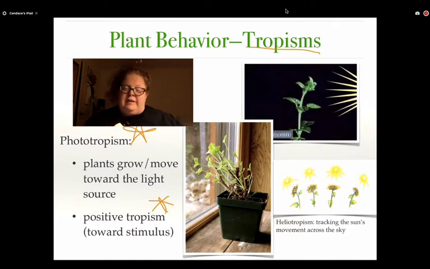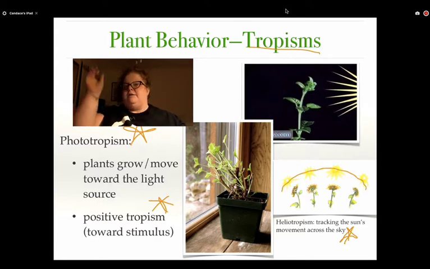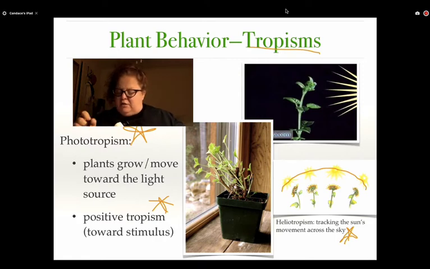Another thing that's kind of similar to phototropism is heliotropism, which is what we see in some flowering plants, especially sunflowers, where the face of the flower seems to track the movement of the sun across the sky. Again, you can look at videos of this too.